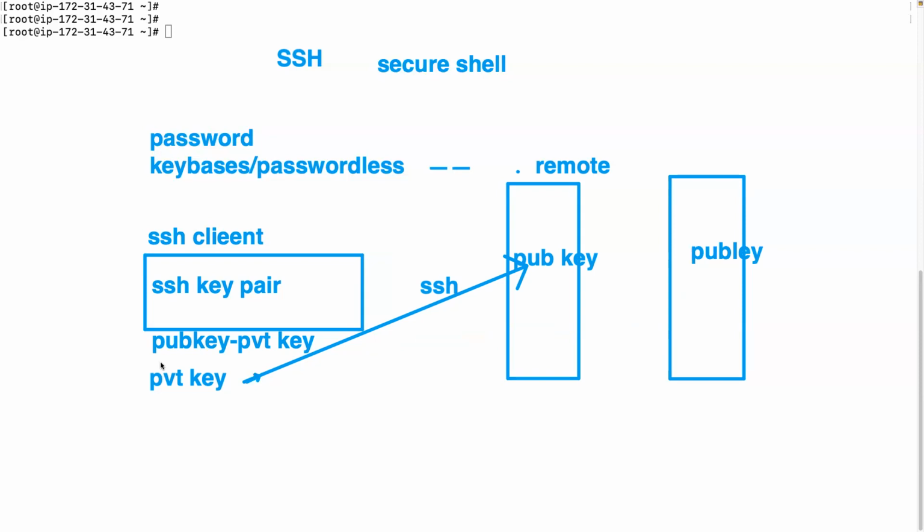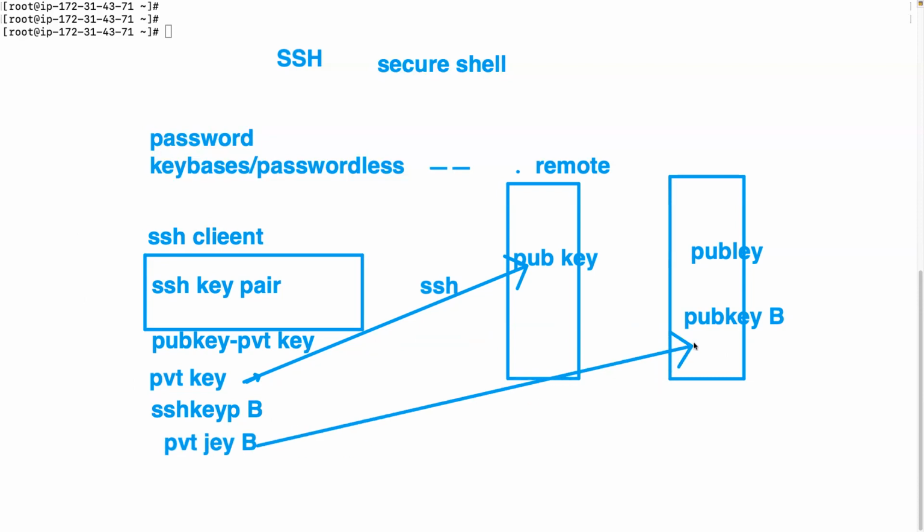But generally what we do is for each machine, we will generate another key pair. Let's say key pair B. You put the public key of B here and you have the private key of B here, which means you can connect. Am I making sense?